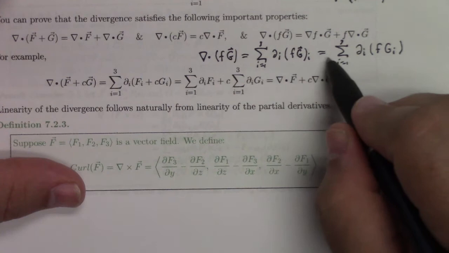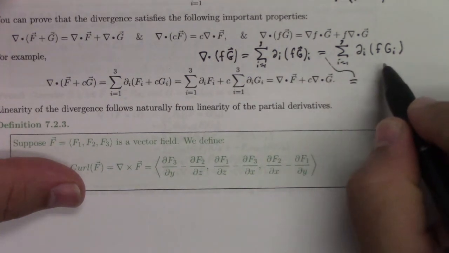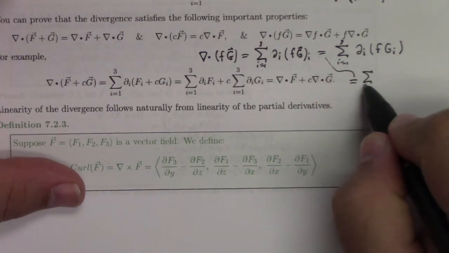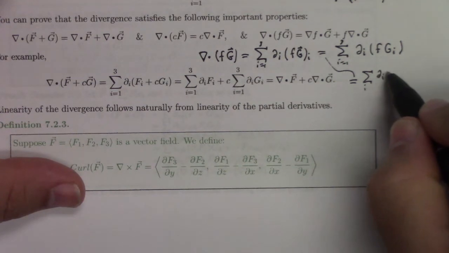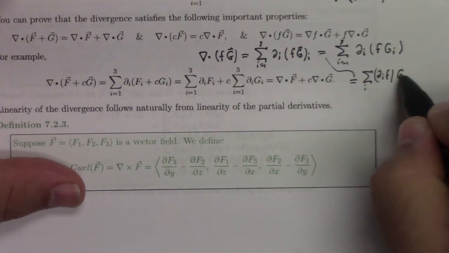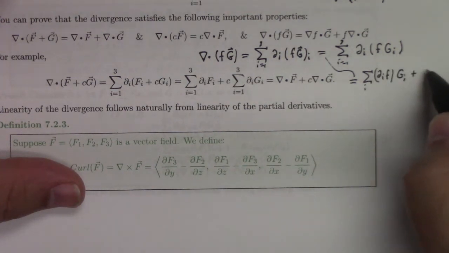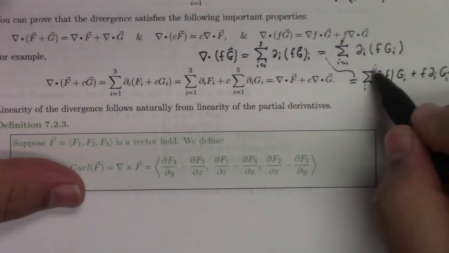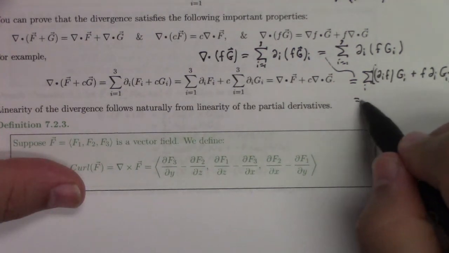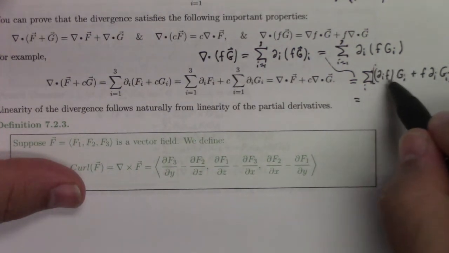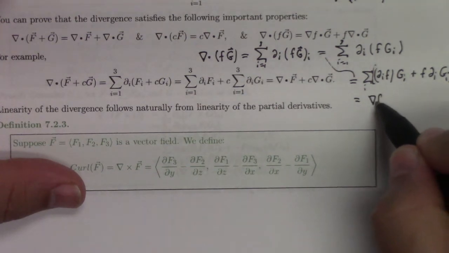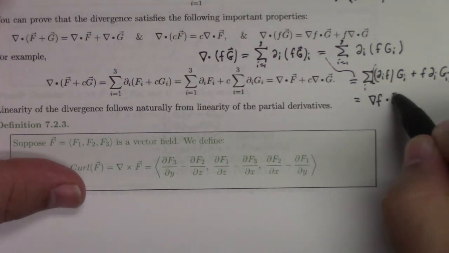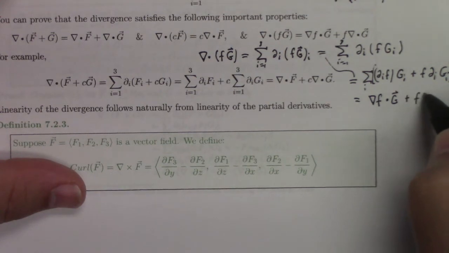But then that, by the product rule, is the sum over i of partial i f times gi plus f times partial i gi, right? But that is nothing more than the gradient of f dotted with g, plus f times the divergence of g.